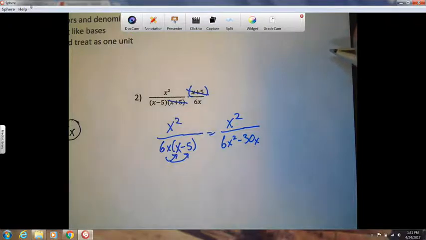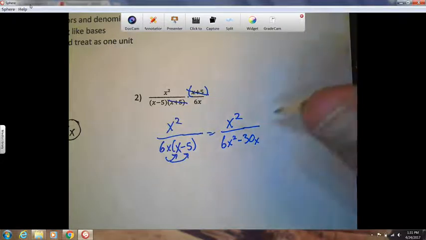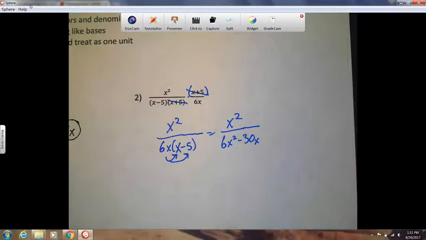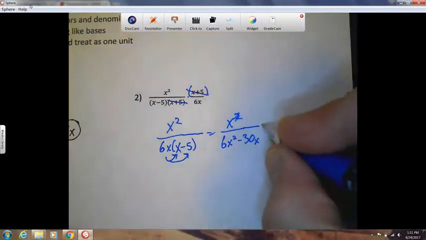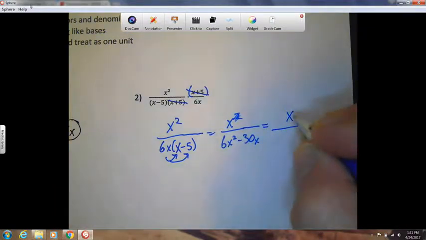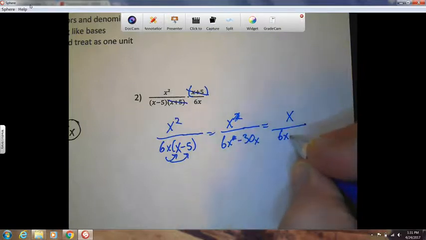So the only other thing that I can do to simplify this is something that goes into all three of these terms, and that is an x. So I can take an x out of here, take an x out of here, and take an x out of here.